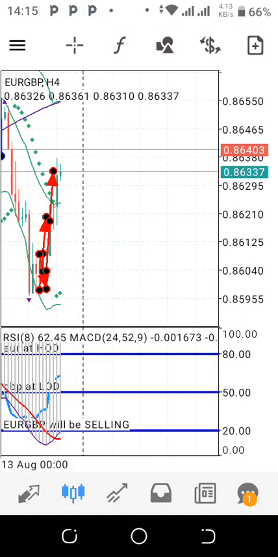Allow the market structure to form during the Asian session so that you can know what you can do in the London session, because sometimes you may never know where it will go that day. What happened in the Asian session can give you better confirmation of where the trade will move, and it will be easy for you to time your entry well.